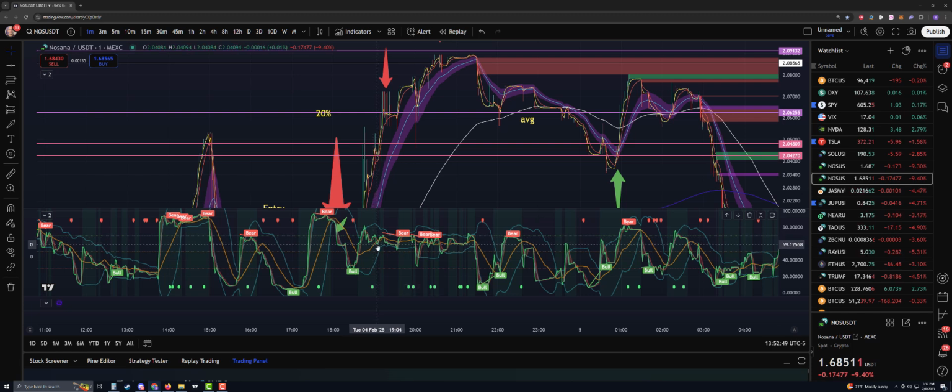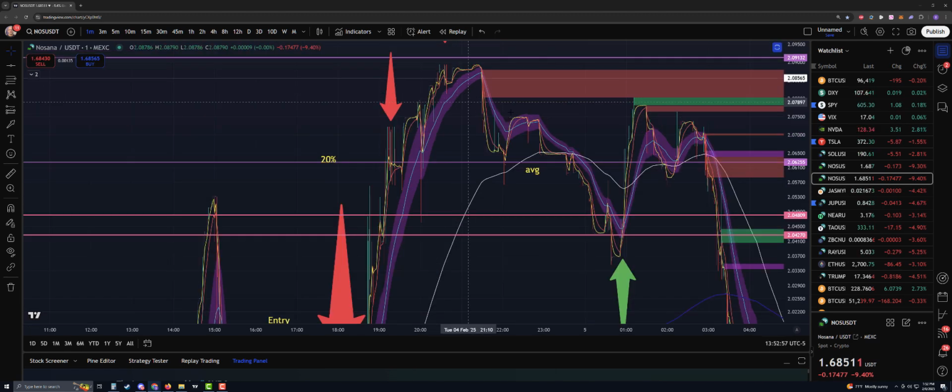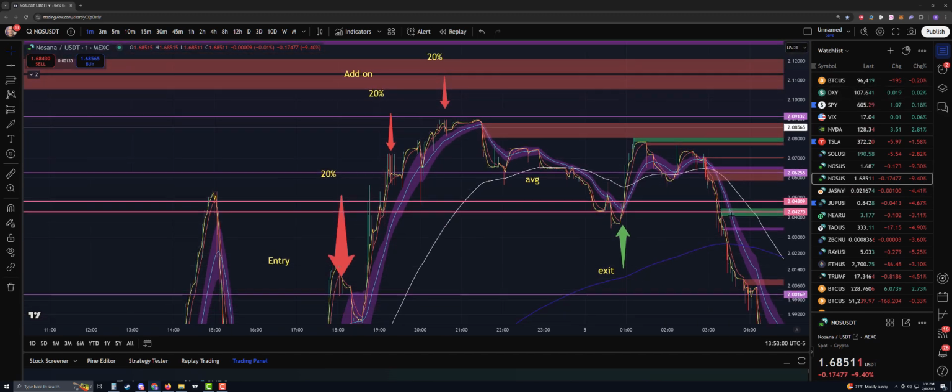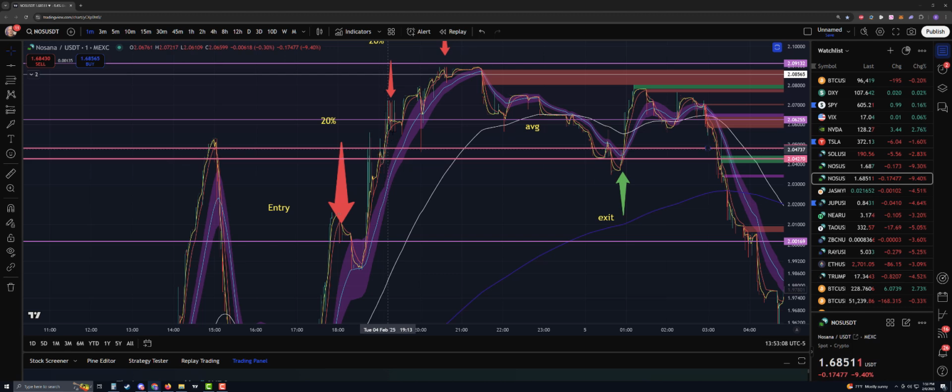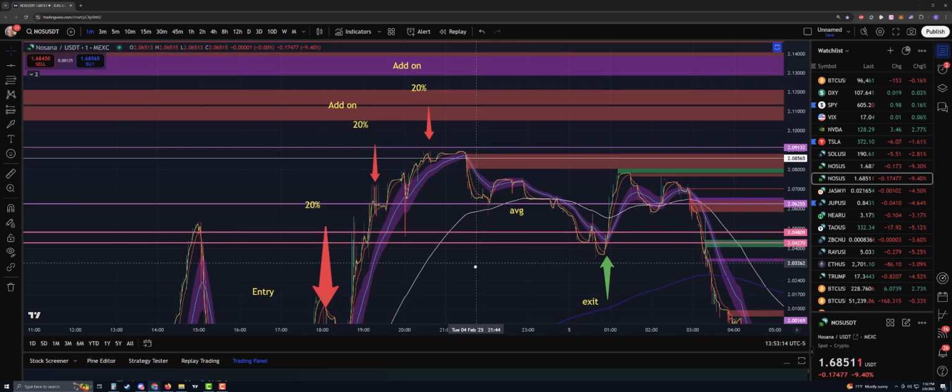right here when price started breaking down, I felt like this was going to be a good spot to put the next 20%. So I put it in here. My fill ended up being down here. And by the way, I got kind of a shitty fill on both of these. So I got 20% here, 20% here.